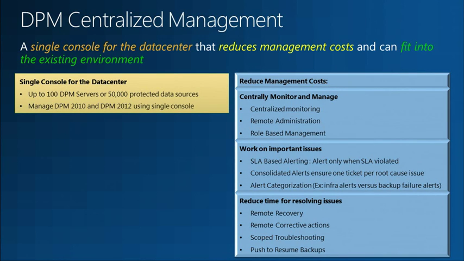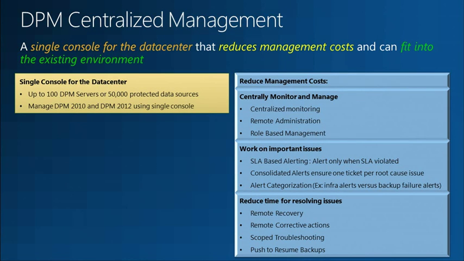Then we looked at how to reduce the time and cost of managing your backups, and we'll see a lot of demos here. The three key principles on which we designed centralized management: A, you first reduce the number of tickets getting generated in an environment. So you start by reducing the number of alerts, and we do it through consolidation and through SLA-based alerting.